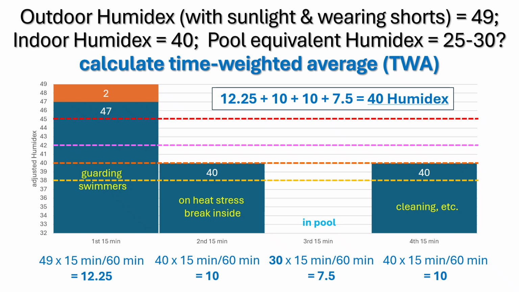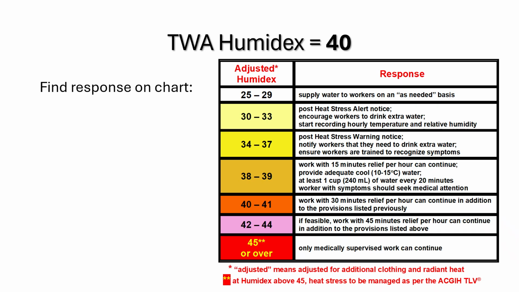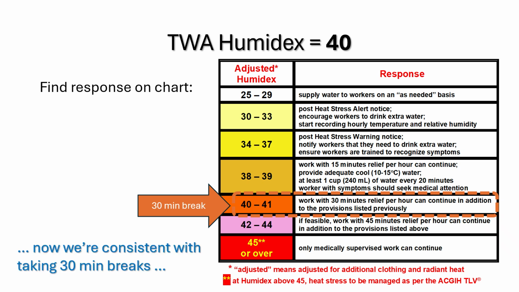And when we do the calculation, we get an equivalent Humidex, a time-weighted average of 40. So if we look at 40 on our charts, we see that that's equivalent to a 30-minute break. And so now we're consistent with taking 30-minute breaks.